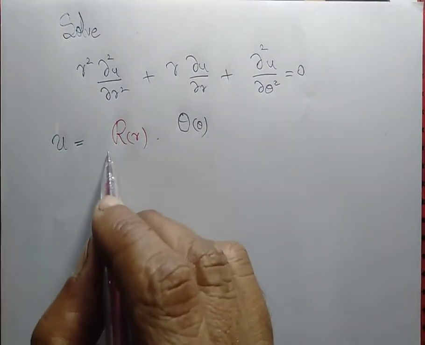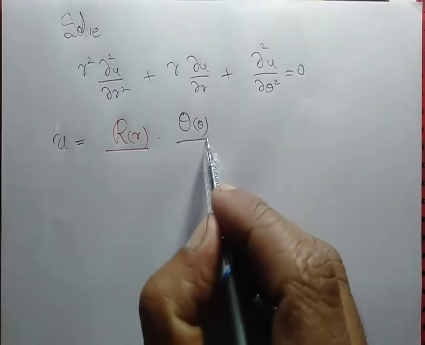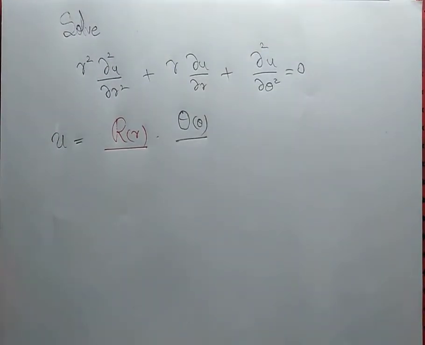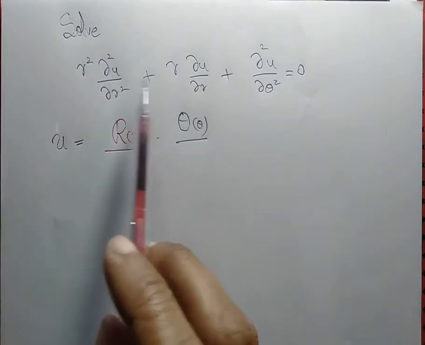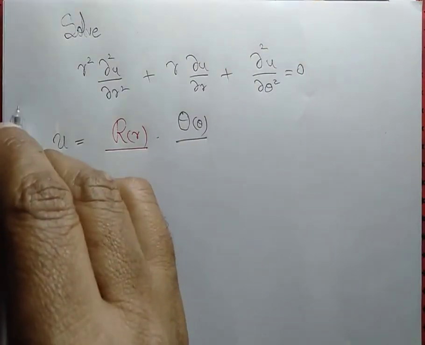Now r depends totally on r, and so r must be independent of theta, and theta depends totally on theta, so it must be independent of r. Then how can we write this differential equation? So we should assume u equal to this, that we can always do.